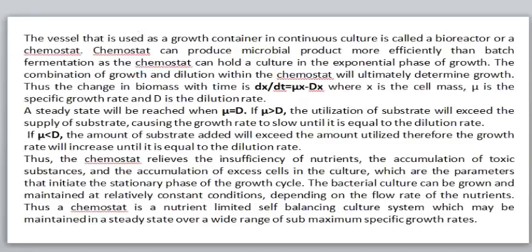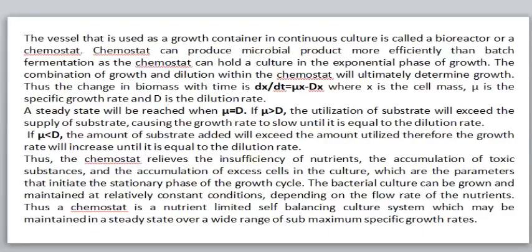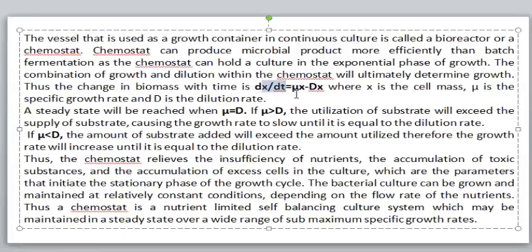So this is the basic continuous culture. Now, since we add medium here, means we are diluting, so the rate of product formation will depend on the specific growth rate and the dilution factor both.